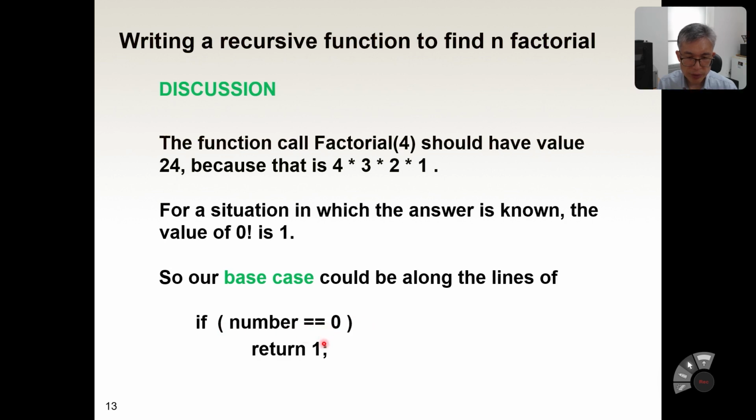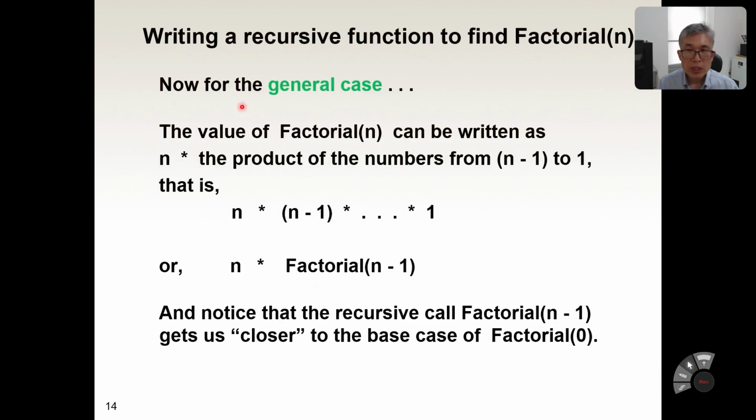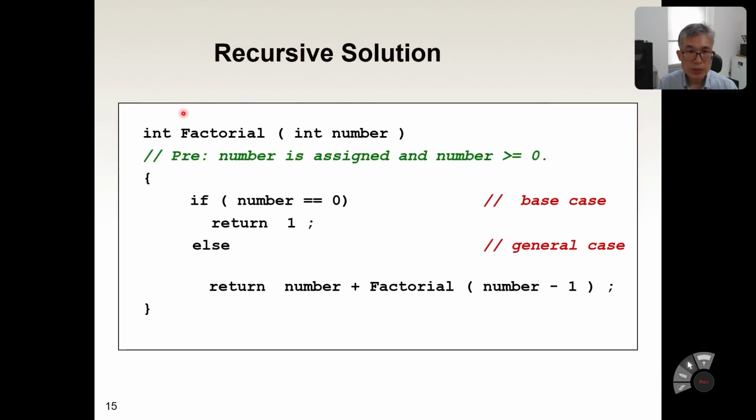This is 0 factorial, just return 1 because 0 factorial is 1. And then find n factorial, right? So factorial n. So you can write this n times n minus 1 times this one. Recursively, we can write n factorial is n times factorial n minus 1. Okay, so this function is called recursively. So this is a recursive solution, the factorial function.